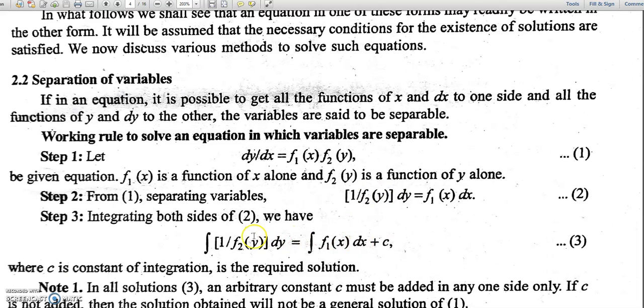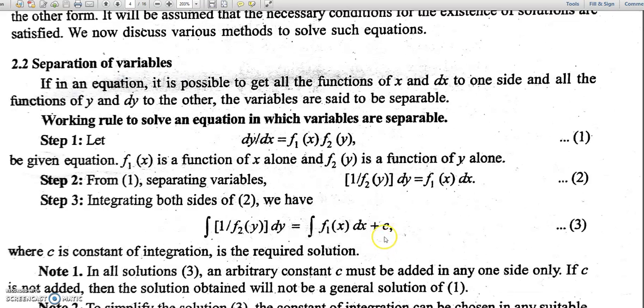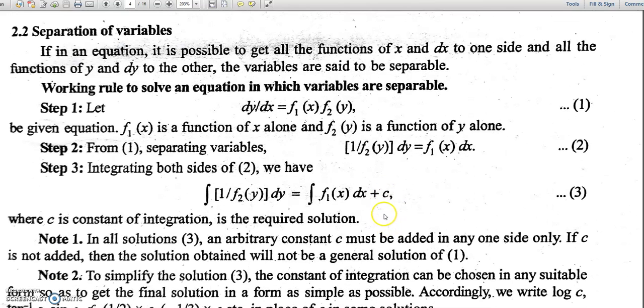Then you have to perform integration on both sides and you have to add the constant c, because here c is a constant. If you don't provide this constant c, then your solution is not called a general solution.